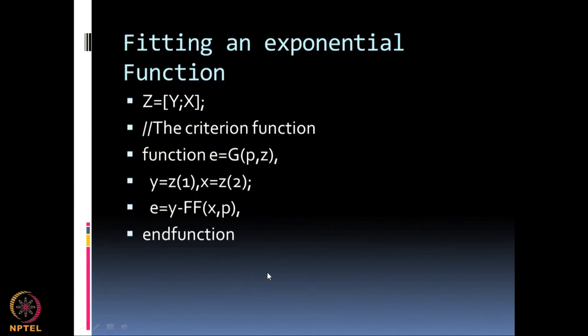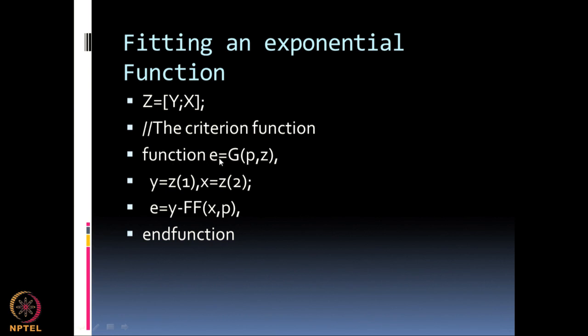Okay. So, then we need some more statements, then the next statement should be z is equal to [y:x] in square brackets, complete, semicolon. Okay. So, now there is a criterion function. So, what this does, this particular fitting function calculates a criterion function E and it does several operations and gives me the final result.